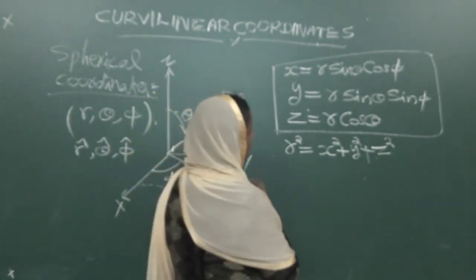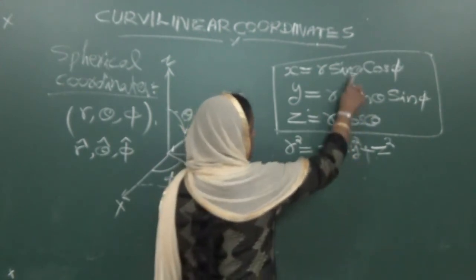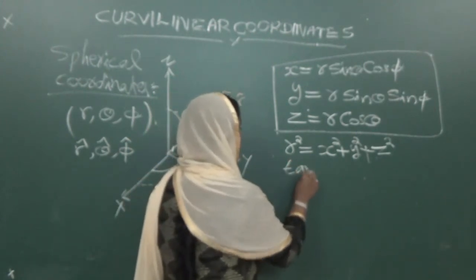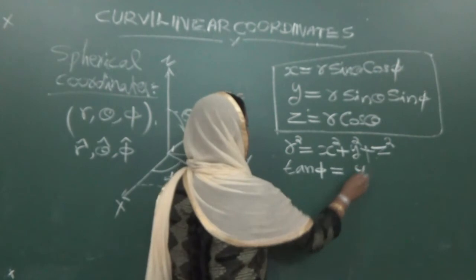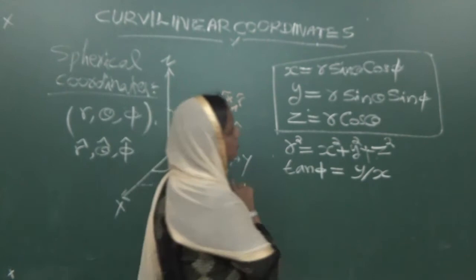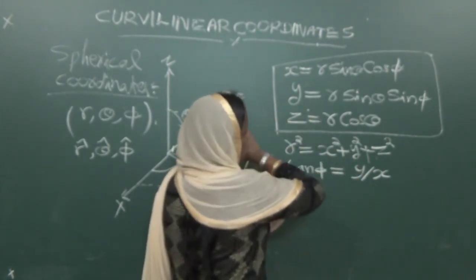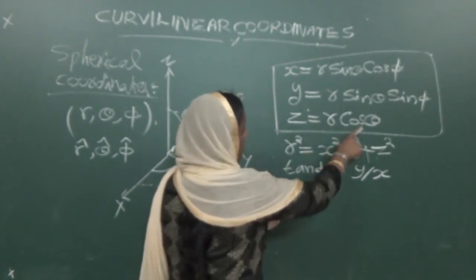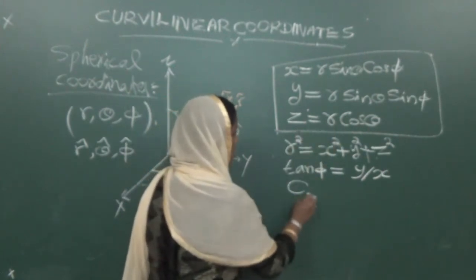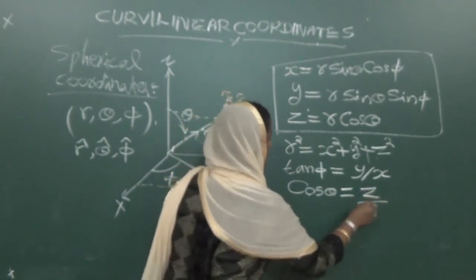Similarly, if you divide these two equations, y by x gives you tan phi, right? That means tan phi equal to y by x. Similarly, now you can find out the relationship with theta from here itself, cos theta equal to z by r.